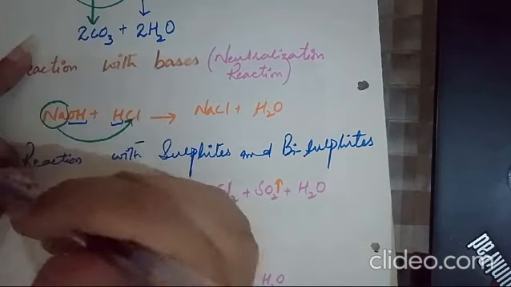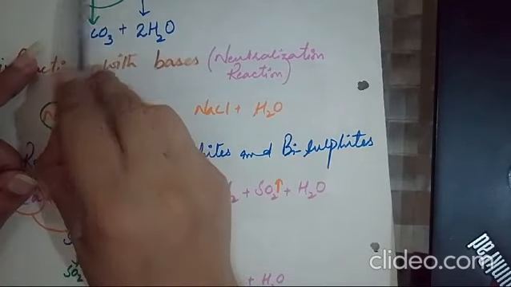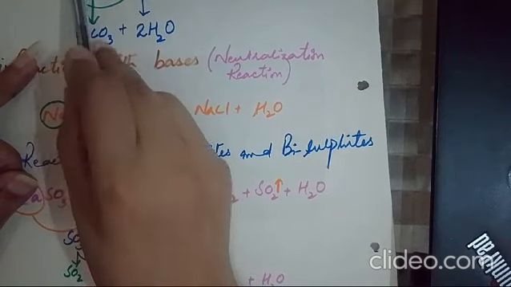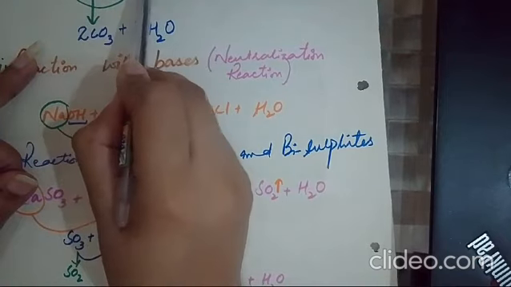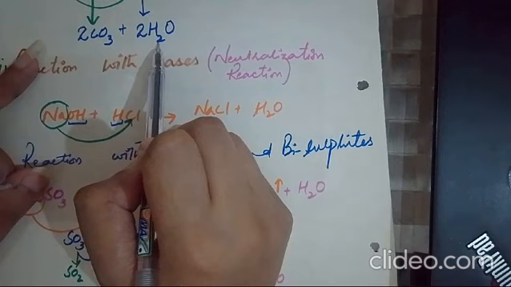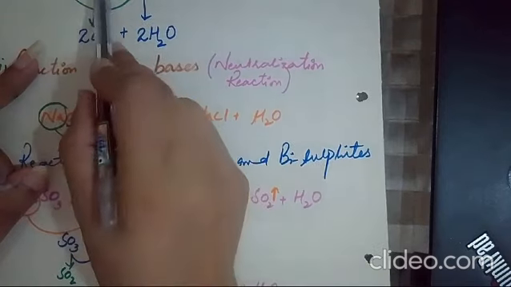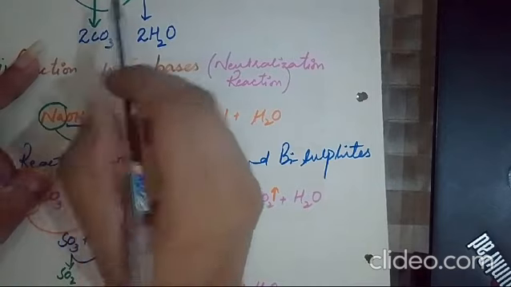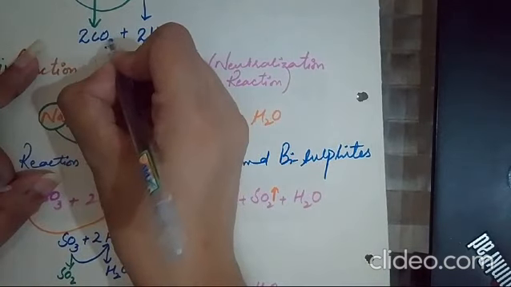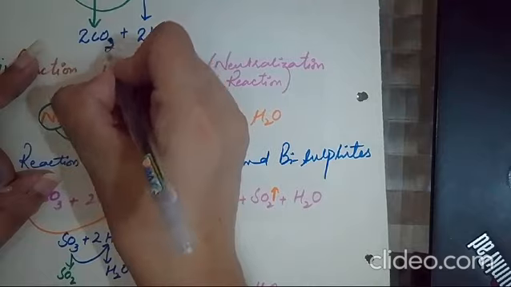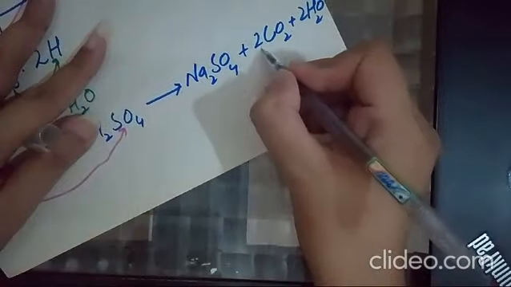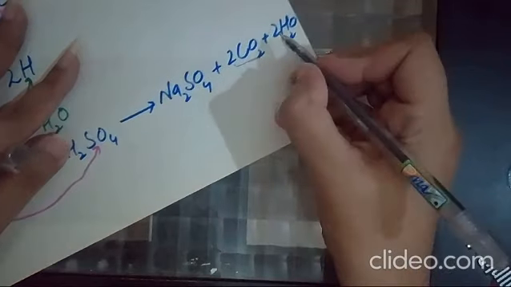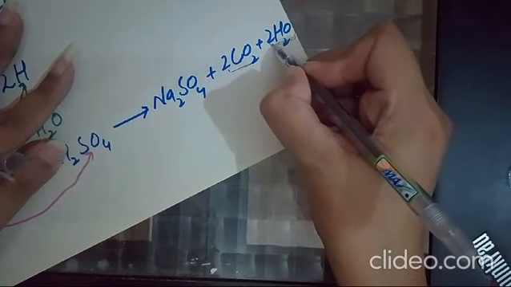Then what will happen with these two? Here H2 and 2H combine, and one oxygen from CO3 goes towards here and forms two water molecules, and we are left with CO2. Oh, my mistake, here it is CO2, carbon dioxide. Again, 2 carbon dioxide, 2 water molecules.